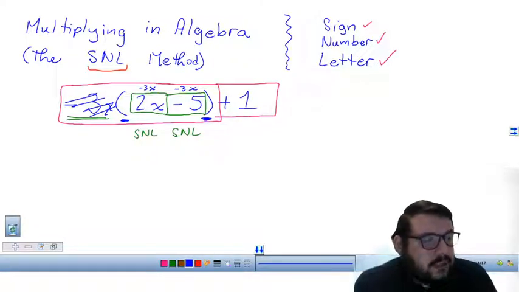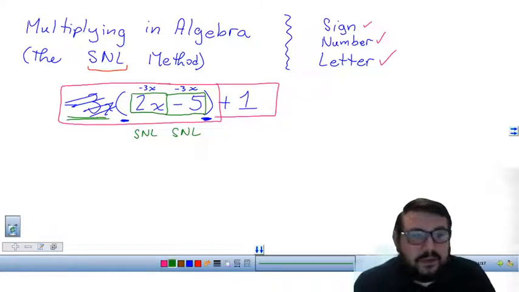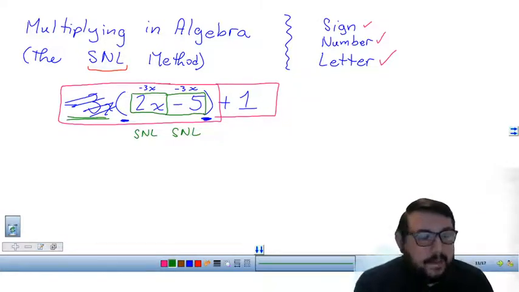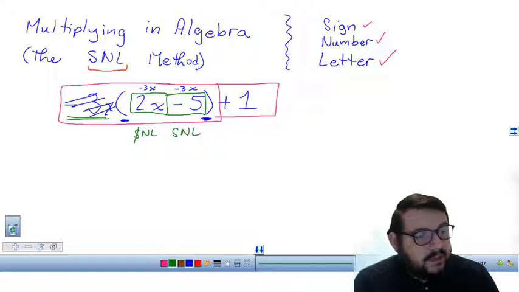Now let's take a look at our multiplication process. The snail method is one of the best methods for doing this. There are a couple special rules that I'll introduce you to along the way, but so far it's been easy. Let's keep it easy. First, I'm going to do S, which stands for sign. All I'm going to do is look at the signs of these two terms, the one on the top and the one in the box.